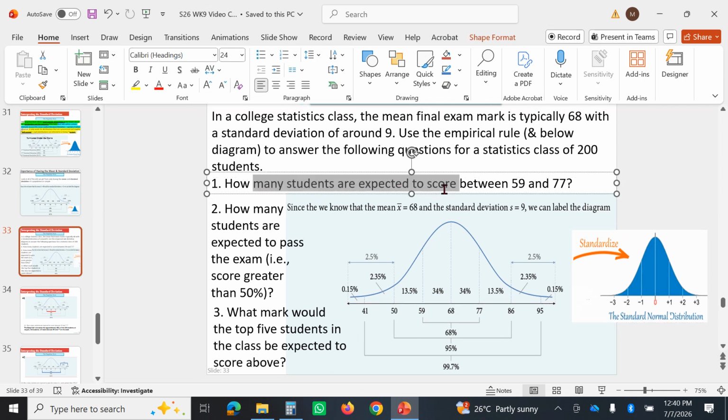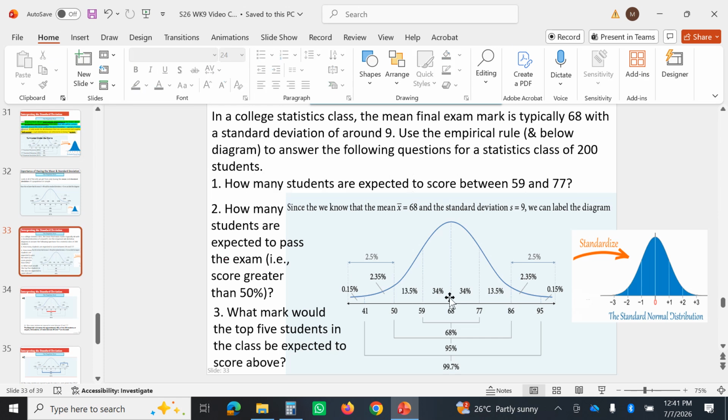So how many students are expected to score between 59 and 77 on a test? Well, it just so happens that there's a mark of 59 and there's a mark of 77. Oh, those fall right on the first positive and negative standard deviation. So I already know the percentages. How many students?